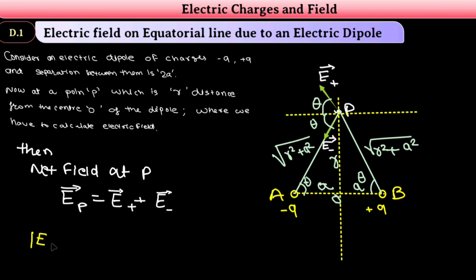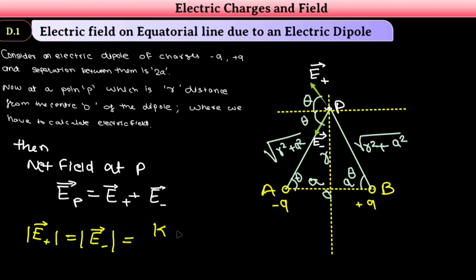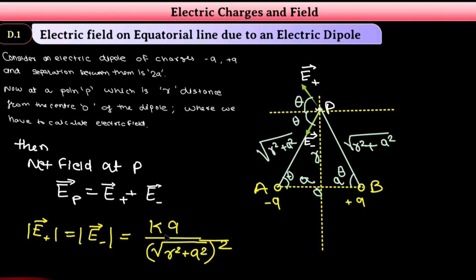So mod of E plus is equal to KQ upon root under r square plus a square whole square. This is because field due to point charge is KQ upon r square, where r is the distance. Here root under r square plus a square is the distance from that charge. So we take root under r square plus a square whole square.